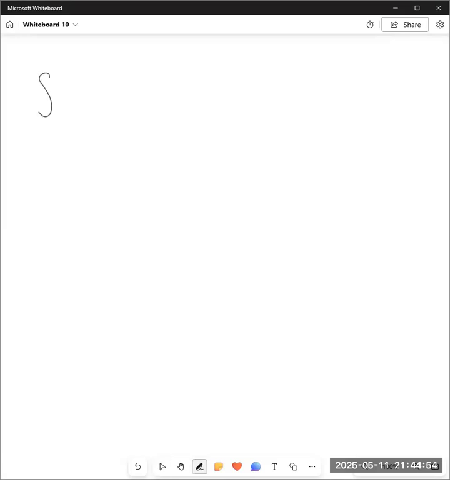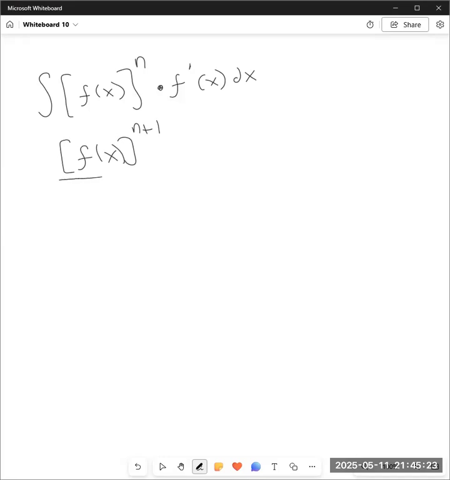So if we have some function of x raised to the nth power dx times f prime of x dx here, then we're going to have f of x to the n plus 1 over n plus 1 plus c, or 1 over n plus 1 times f of x to the n plus 1 plus c.